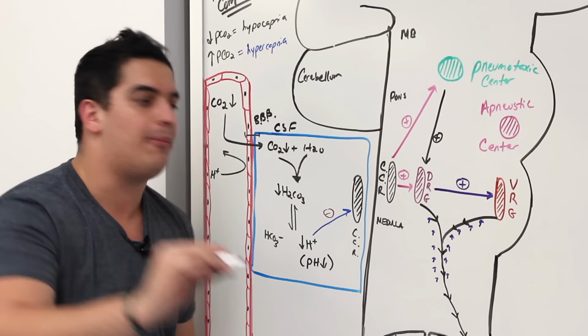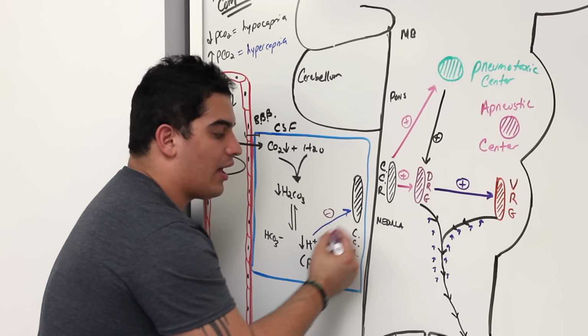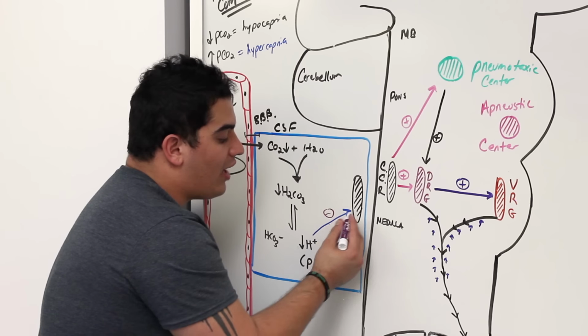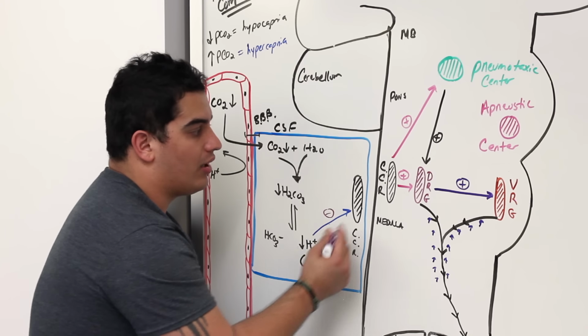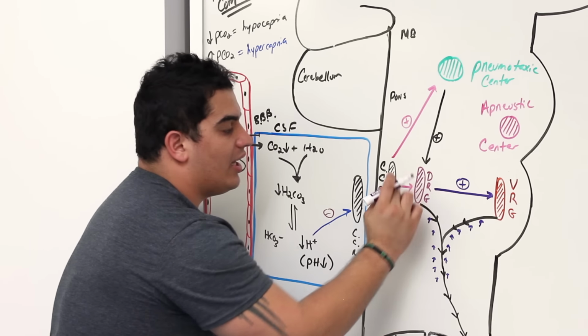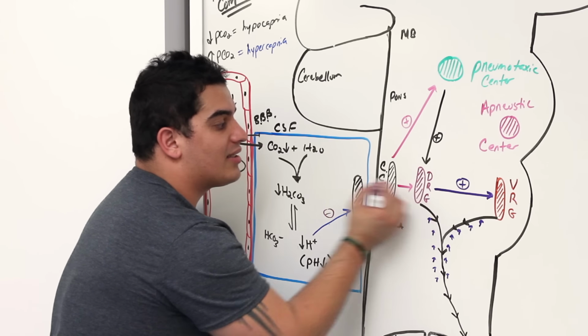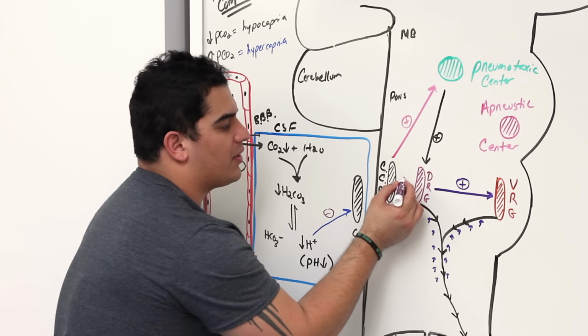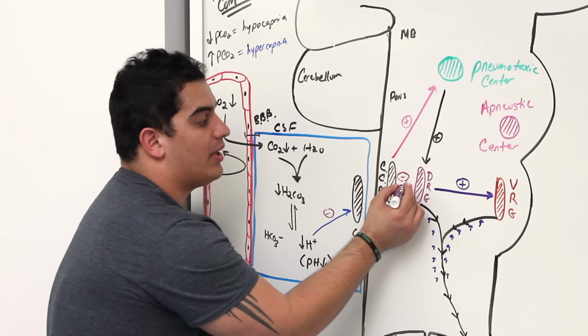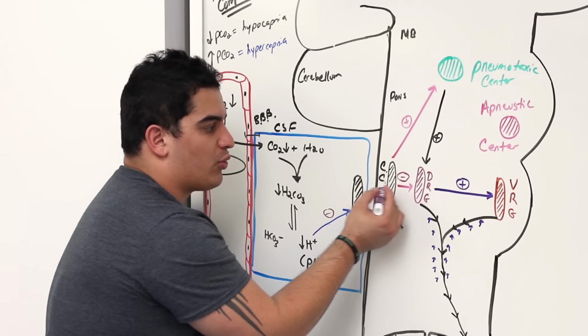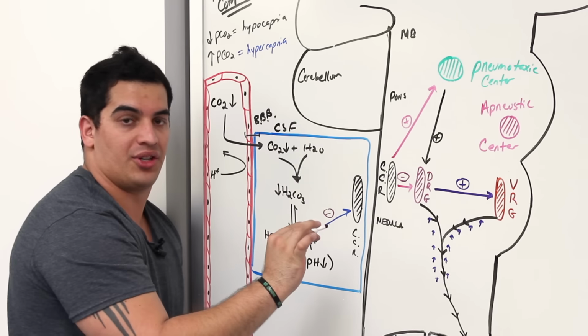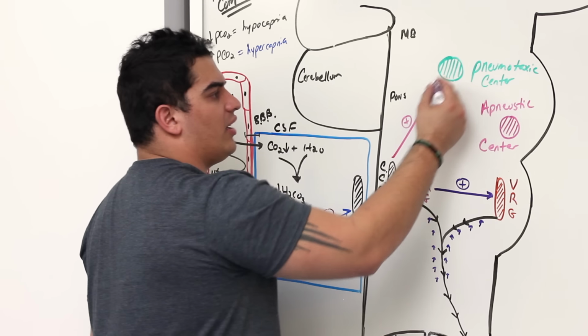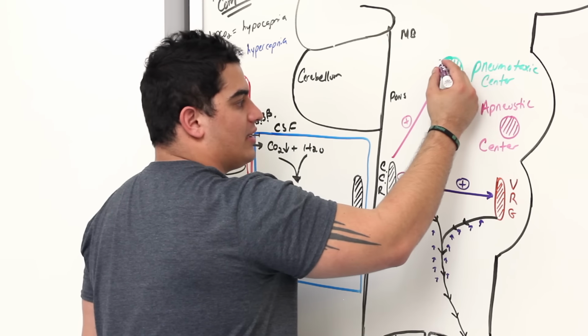Even though we know they're not inhibited, we just know that they're not going to be receiving a lot of stimulus. If they're not receiving a lot of stimulus due to these low proton levels, are they going to stimulate the DRG? No, so we can think about them not stimulating the DRG. So let's think about this for a second, and we'll write it the opposite way. We'll say it's inhibiting the DRG, okay? But again, just remember that there's very little signals going to the DRG. Then we can also say that there's very little signals going to the pneumotaxic center, right?